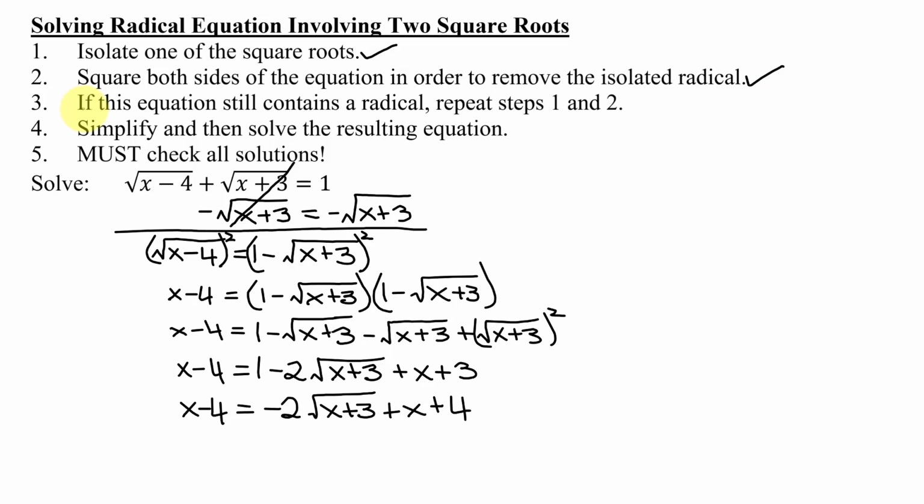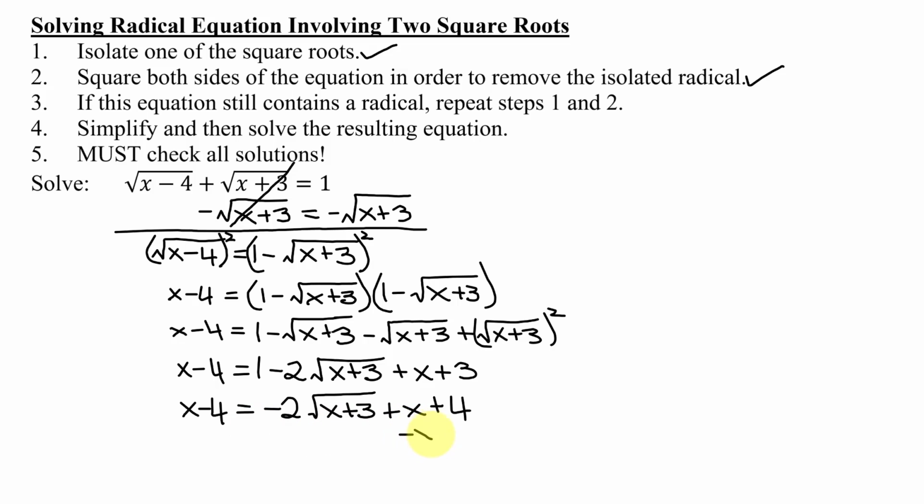Now, in step 3, it says if this equation still contains a radical, repeat steps 1 and 2. I still have a radical. So I'm going to have to isolate one of the radicals. I only have one left, so I'm going to isolate this radical.